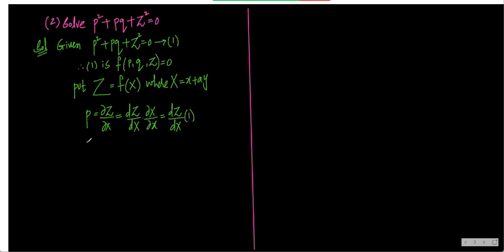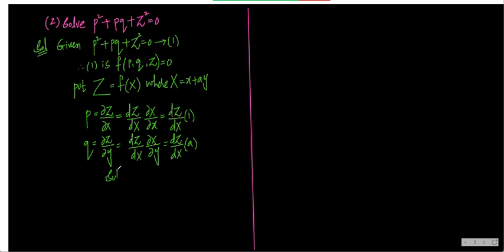Common process for standard form 2. Correct now? Correct? Dou Z by dou Y is equal to, what is it here? dZ by dX only will come, but it is a function of one more variable y. So when differentiating and simplifying according to the process, this becomes a. So we got the values of p and q.